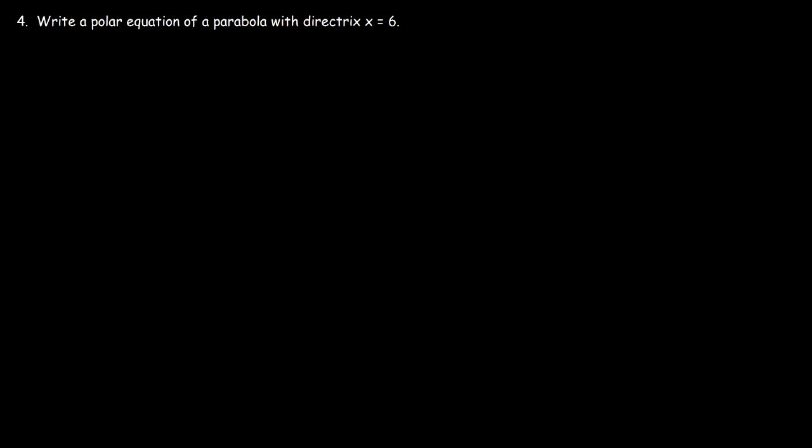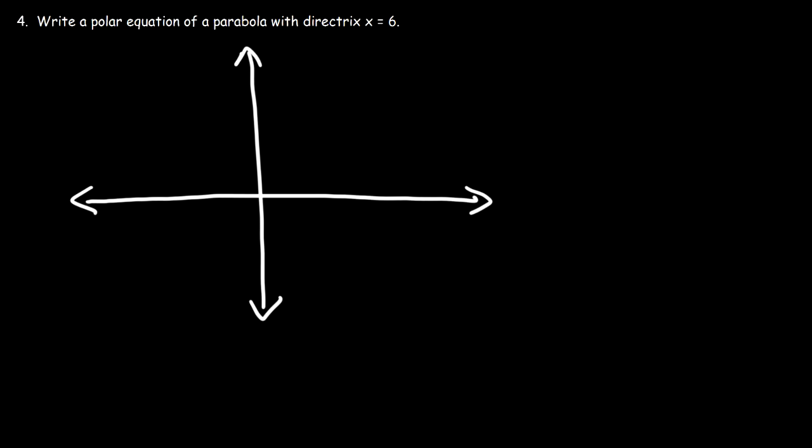Write a polar equation of a parabola with a directrix of x equals 6. So let's begin by plotting the directrix. This is going to be somewhere on the right side. And we're going to have the focus at the center as always.